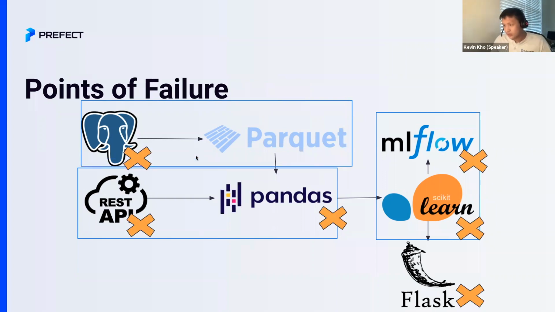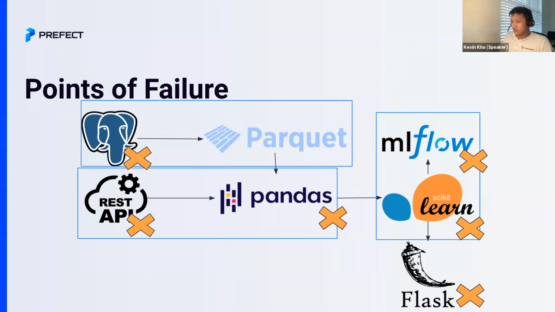So if we look at the points of failure, like your database going down, your API going down, even this API call to MLflow where you persist an artifact, there are a lot of different reasons, and a lot of them are beyond your control, like these APIs intermittently failing, compute going down. These are things that are out of your control sometimes, and sometimes these failures just happen.